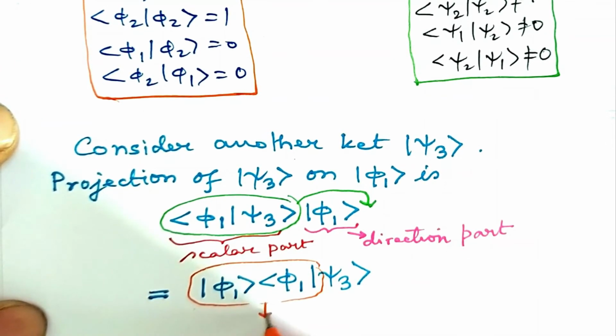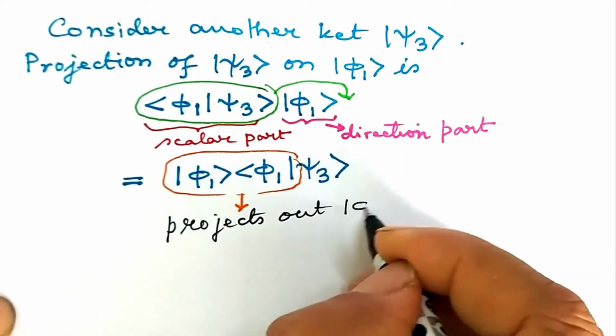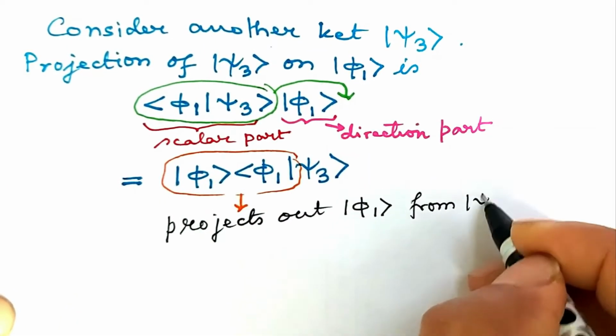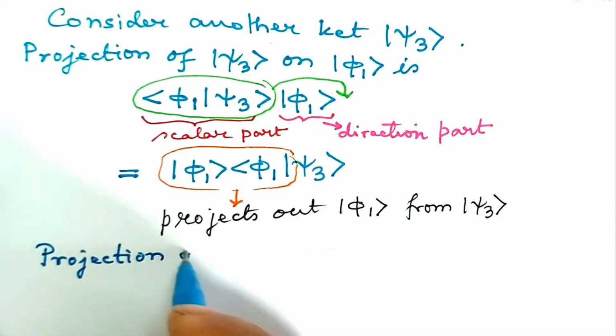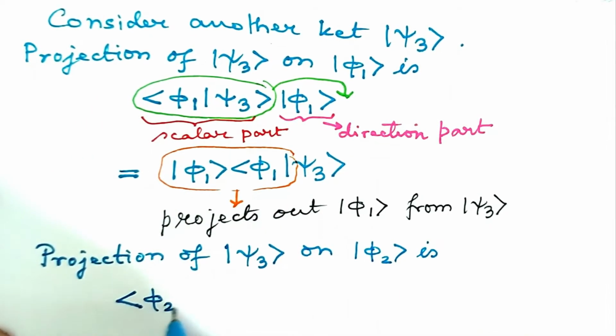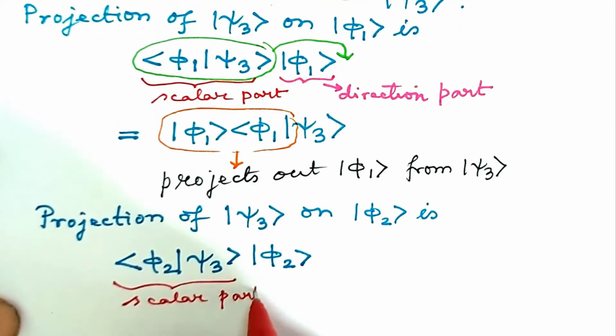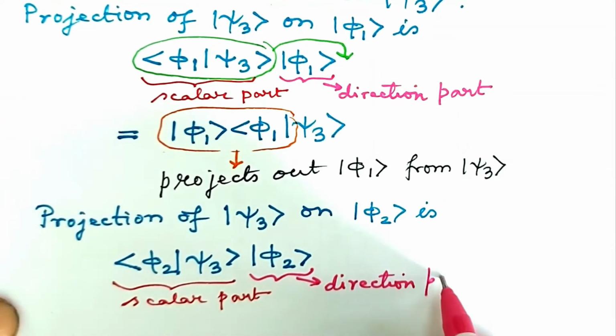This portion is in fact an operator. We will show it in the next video. It projects out ket phi 1 from ket psi 3. Projection of ket psi 3 on ket phi 2 is the inner product bra phi 2 ket psi 3 into ket phi 2, where this is the scalar part and this is the direction part.